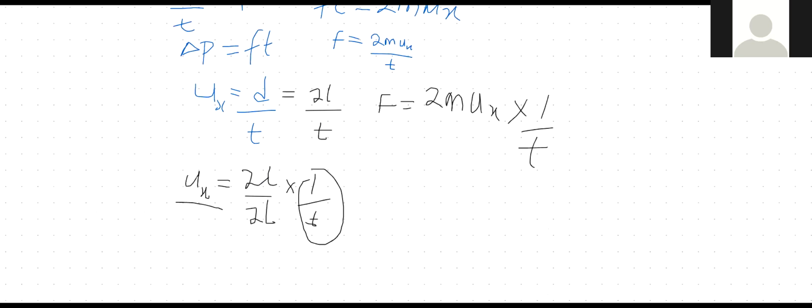So at the end, this will cancel this. So we have 1 all over T is equal to ux all over 2L.